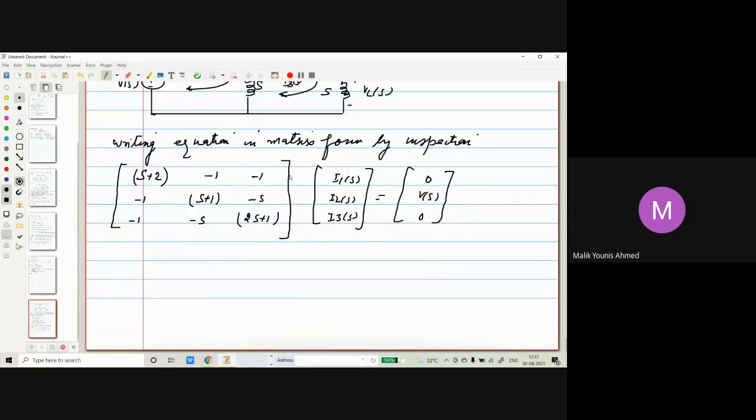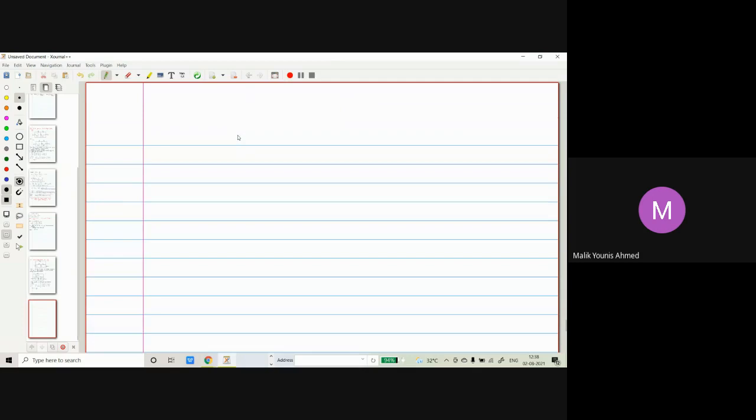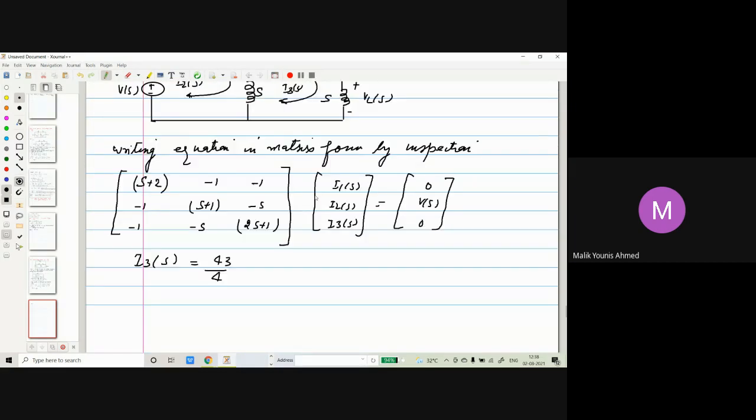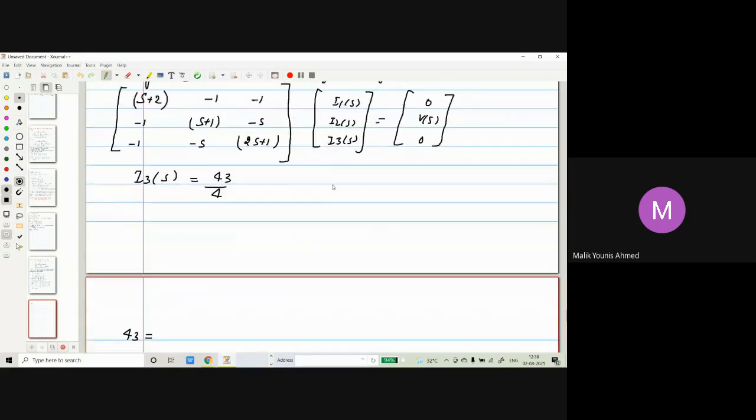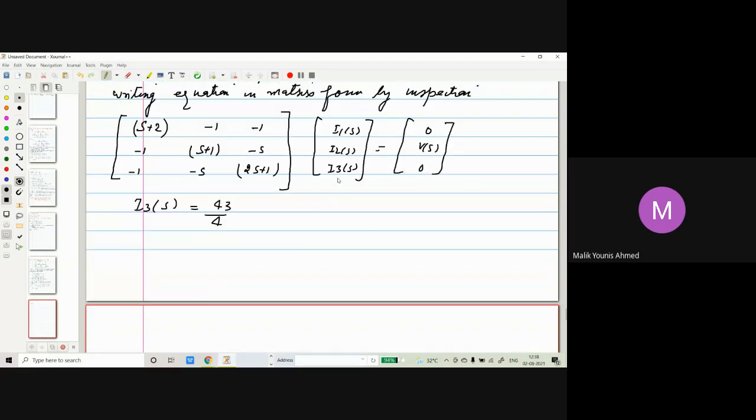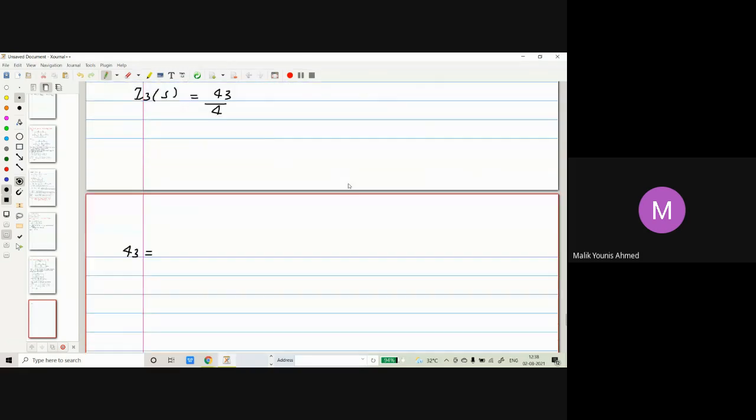Now let's write down here. I3 of S will be delta 3 by delta. Now delta 3 is what? Replace the third column with the voltage column on the other side, so 0, V of s, 0 replaces it.